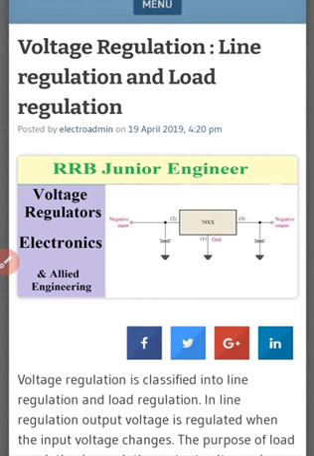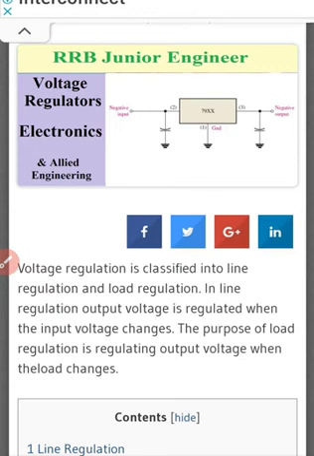Okay, so here we first look at the line and load regulation, then we will carry forward towards the IC regulators and short circuit protection. As we know from this initial definition, voltage regulation is classified into line regulation and load regulation. Voltage regulation means, in the normal sense, maintaining a constant amount of voltage in the output section.